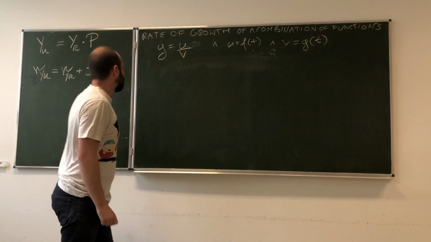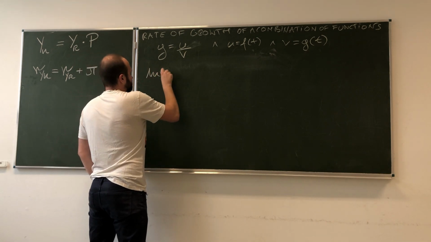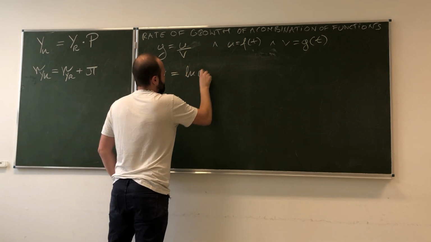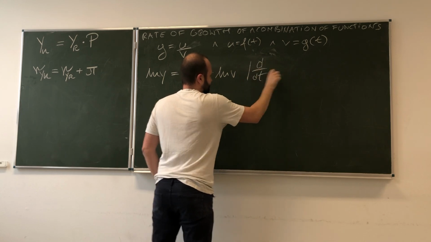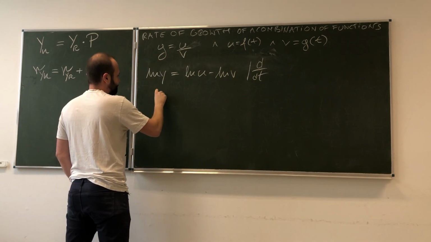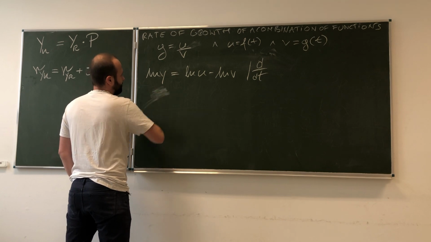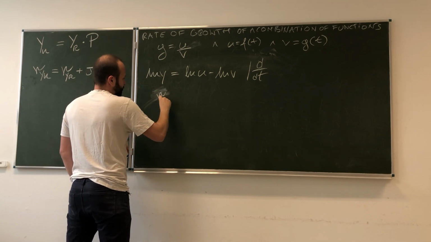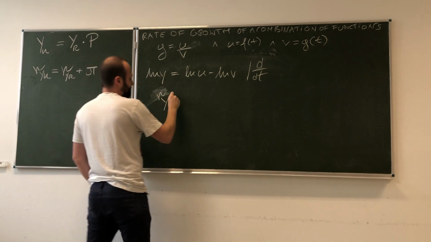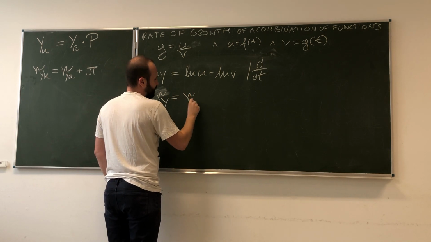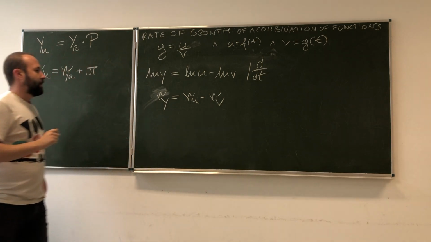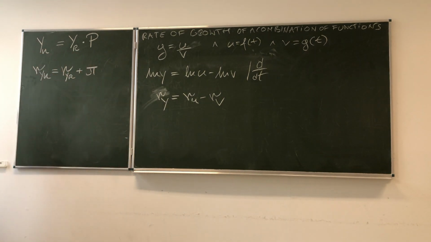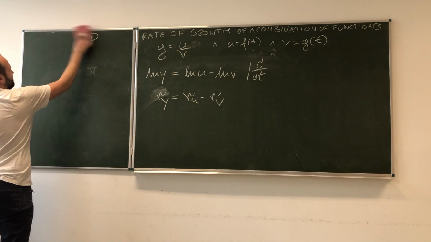I can use the same steps to get, let's already write it as growth rate of y is equal to growth rate of u minus growth rate of v. Well, there's not much more philosophy to it. It's basically all the same steps.